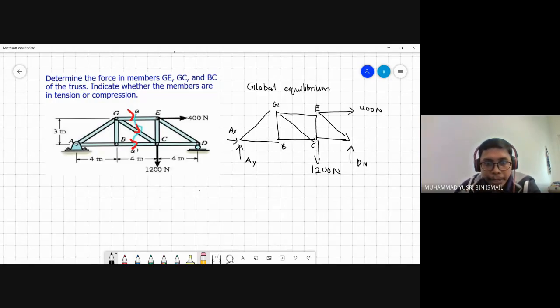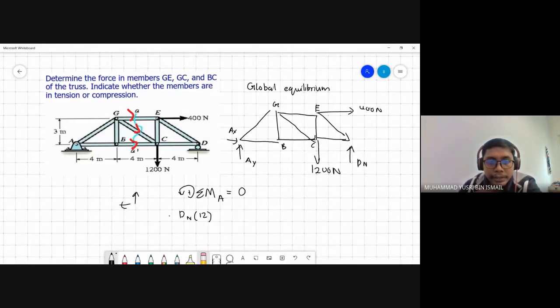In order to determine DN, you need to take the moment at A, which is equal to DN times 12.